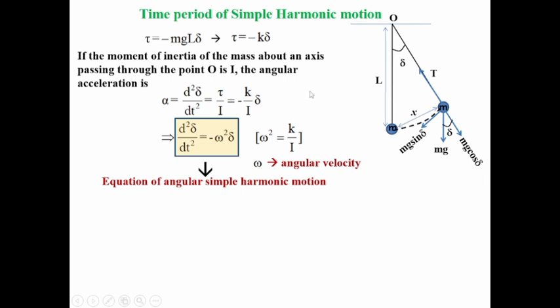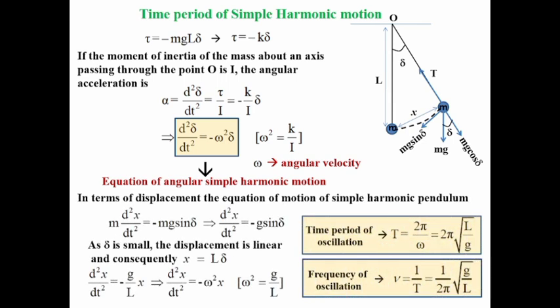If the moment of inertia of the mass about an axis passing through point O is I, the angular acceleration alpha is tau by I, and that will be minus k delta by I. So this acceleration will be minus omega square delta, where omega is root over k by I, the angular velocity of this motion. This is the equation of motion of angular simple harmonic motion.